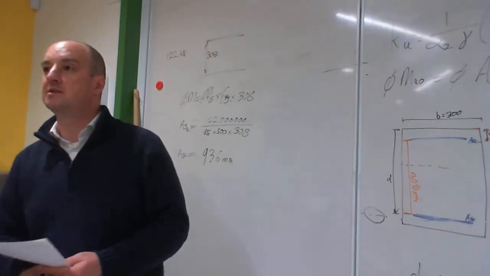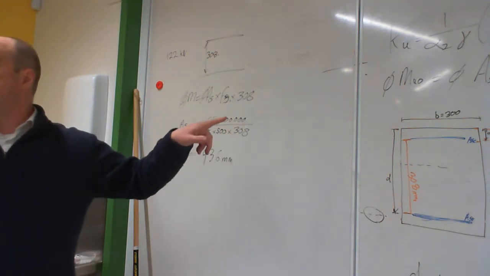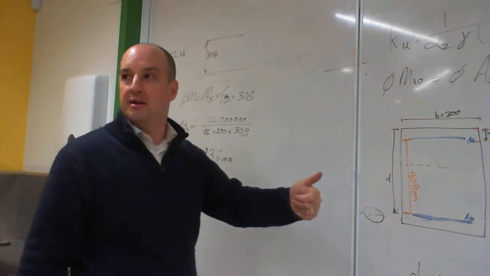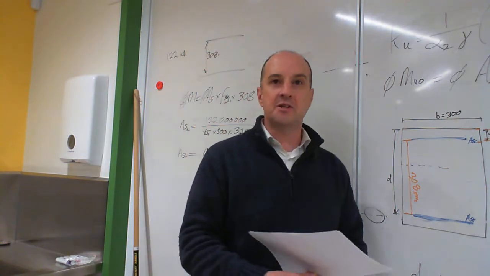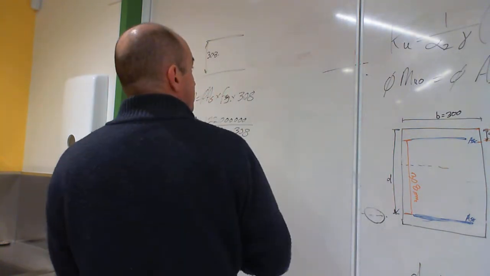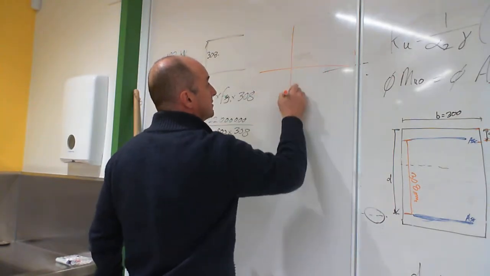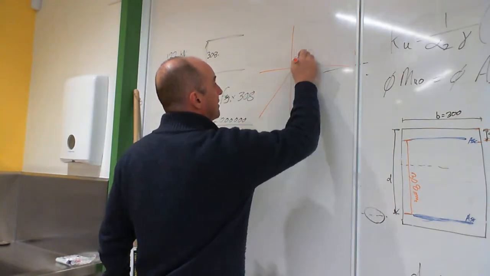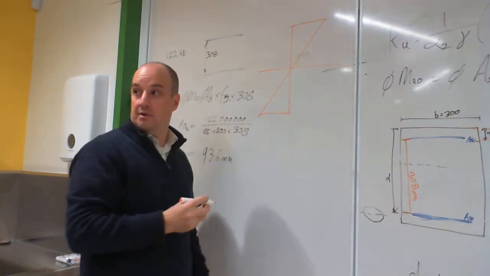Now the top steel, we need the same amount of force, but the top steel, A, may not have yielded, and B, has got some concrete in the way. So we've got to modify it a bit. The first thing we need to work out is, has our steel yielded? And remember from triangles, we've got the strain diagram, which looks like that. There's the concrete strain diagram.